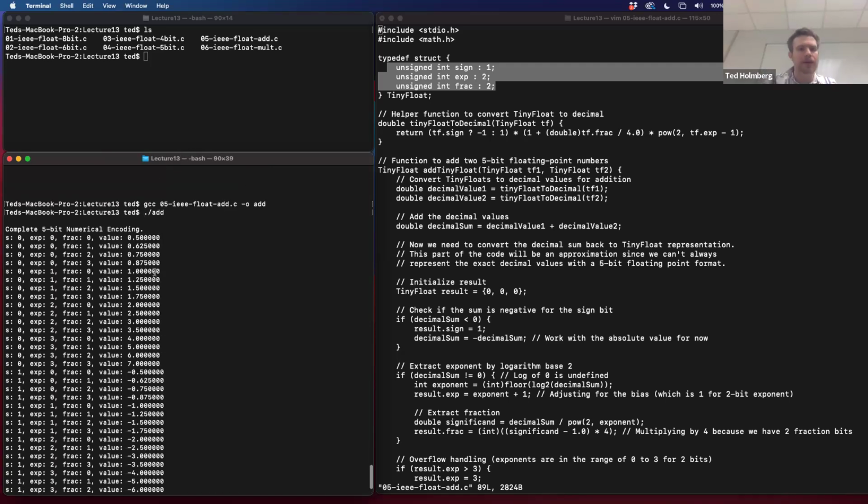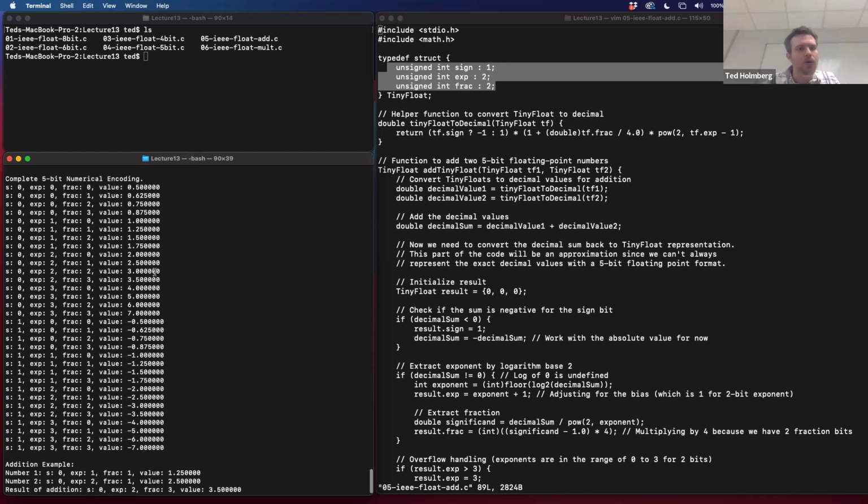The first thing I'm going to do in add is remind you of the complete set of numerical encodings that I have for my 5-bit floating scheme. I show all the values, and then to prove it to you, I show you the binary sequences as they're subdivided into the different partitions between the sign bit, the exponent bits, and the fraction bits.